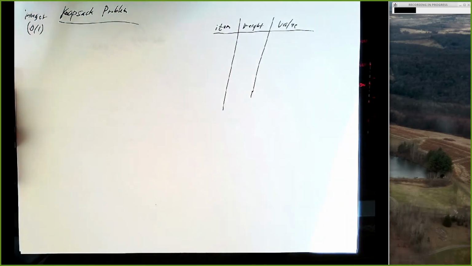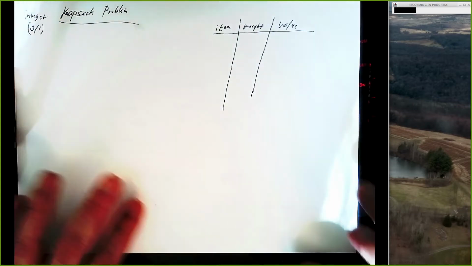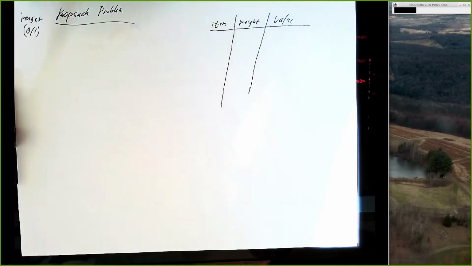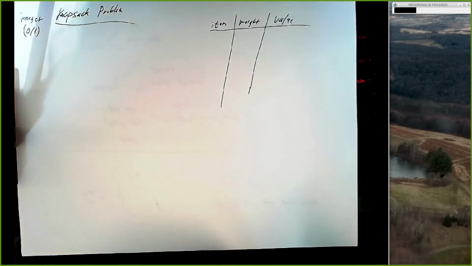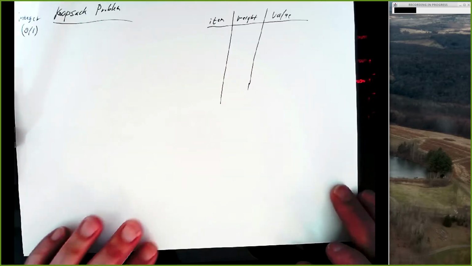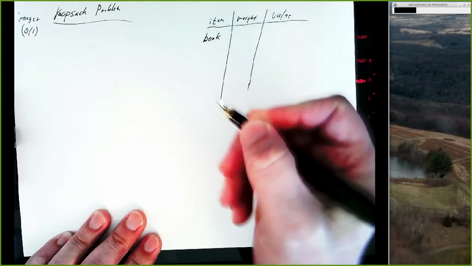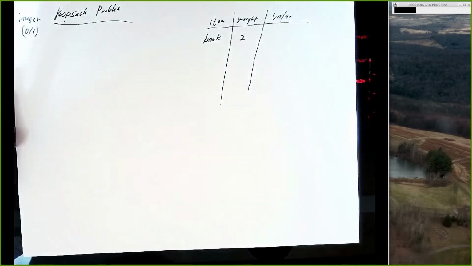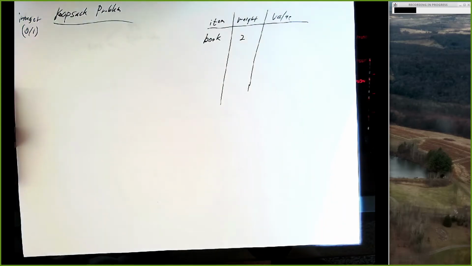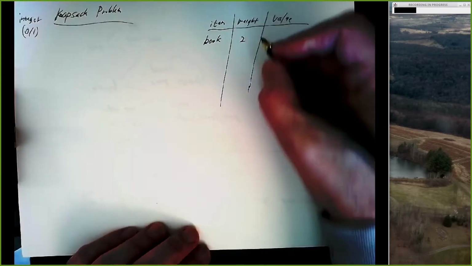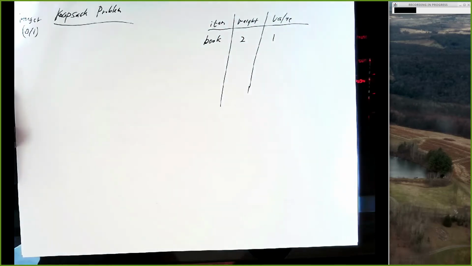And so here's what this might look like. Let's imagine an inventory of 3 items. Our first item is going to be a book. Our book weighs, let's say I'm going to use pounds, but it doesn't matter what the units are, 2 pounds, and maybe it's worth $1.